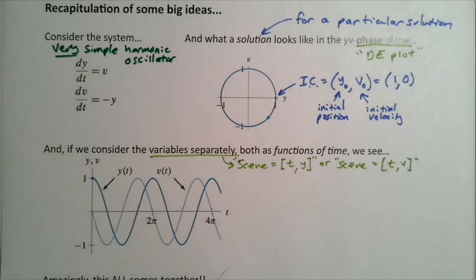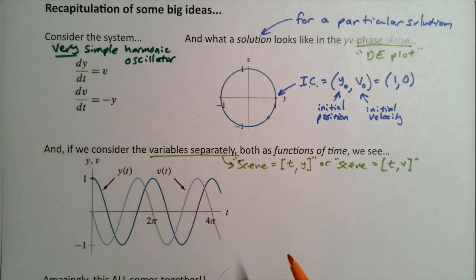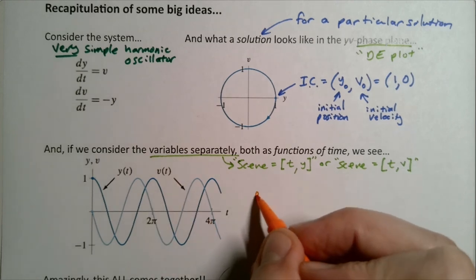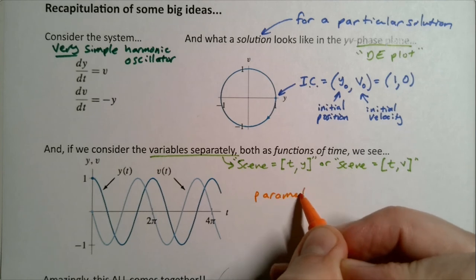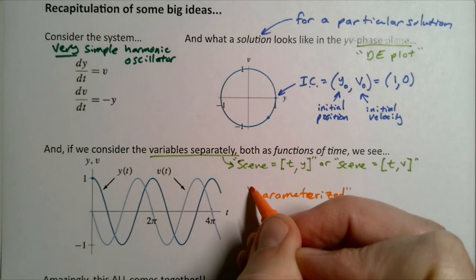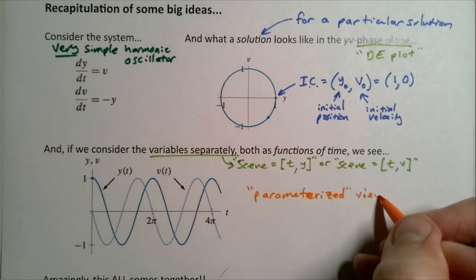What we're actually seeing in this case are two graphs: the position graph and the velocity graph with respect to time. These are really parameterized, which is a fancy way of saying it. These are a parameterized view of our solution.